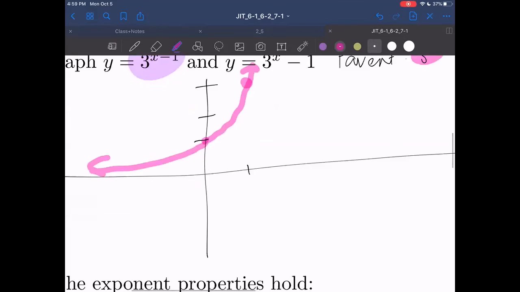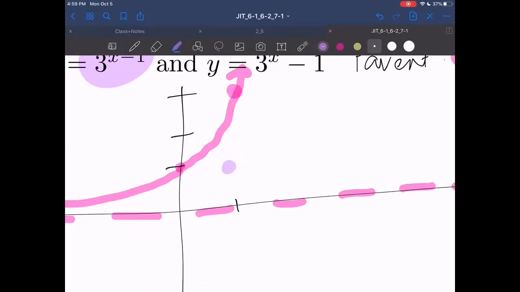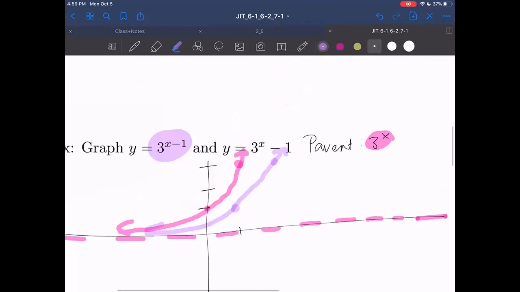Okay, with the asymptote here. Okay, so shifting right 1, we'll just shift everything to the right 1. And our asymptote doesn't change because we didn't shift up or down any.